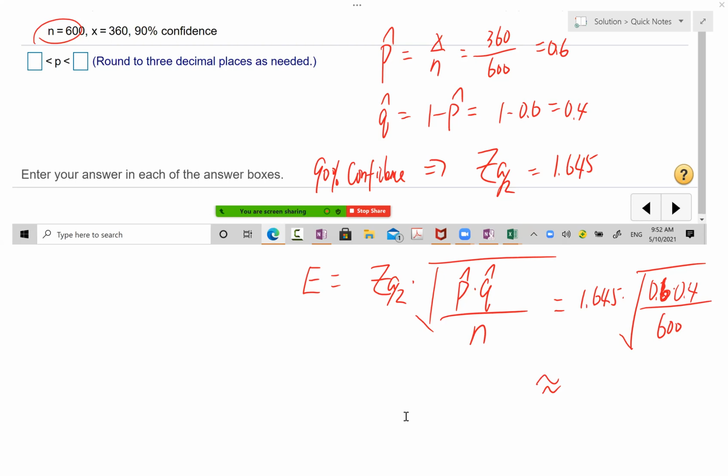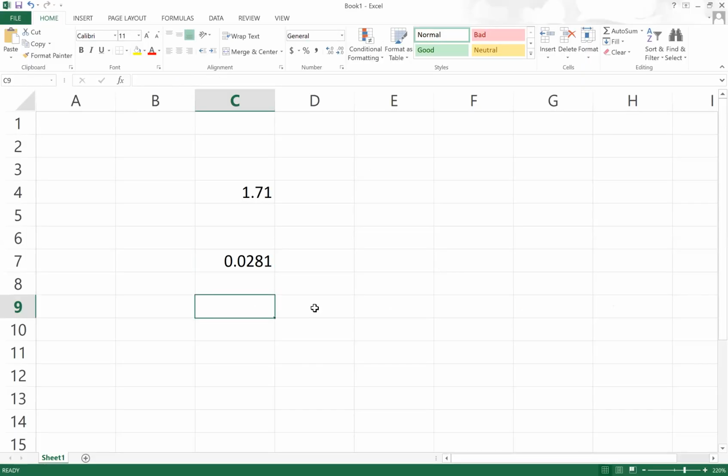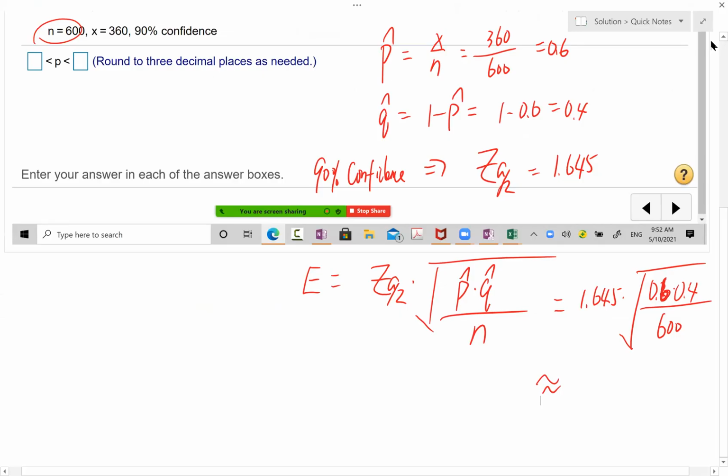Now let's go to Excel and calculate the result: 1.645 times square root of 0.6 times 0.4 divided by 600, and close it. Let's see what the result is. Okay, 0.0329. If you round it to 3 decimal places, it's 0.033.